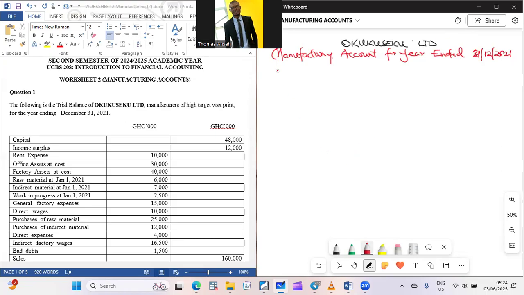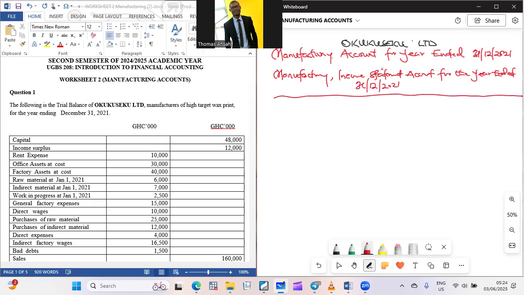I'm saying this manufacturing comma like this income statement account for the year ended. Then you put the date 31st December. All right. So you do that and underline. All right. So that is that.